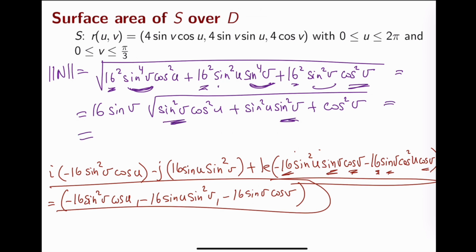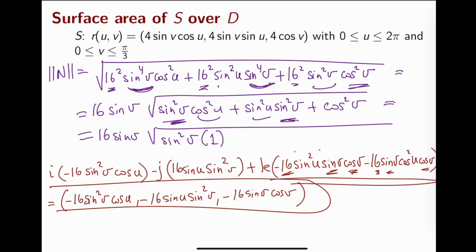Sine squared of v is common. We can take it out, so that will be this. And inside of the root, we have sine squared of v common. But when we see what remains, here is cosine squared plus sine squared of u, which is 1. And then we have plus cosine squared of v.